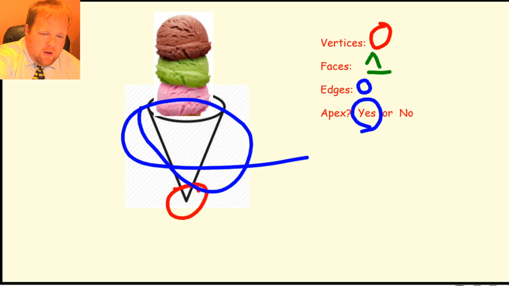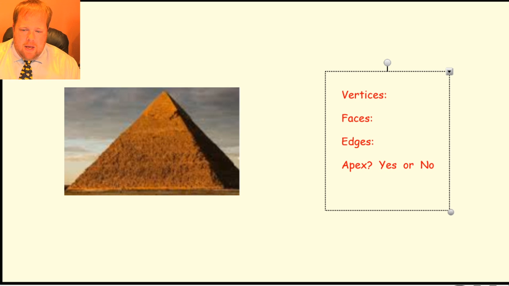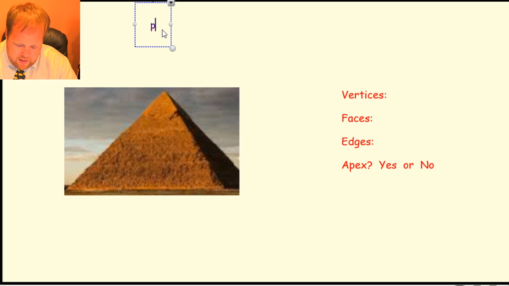And finally, our very last 3D shape. Ooh. Apex. Apex. Pyramid. Dun dun dun dun. How do we spell pyramid? P-Y-R-A-M-I-D. Pyramid.